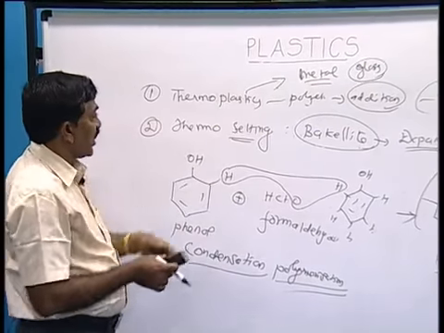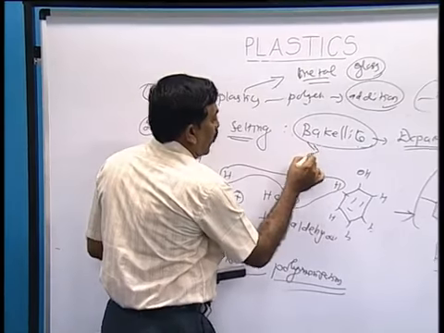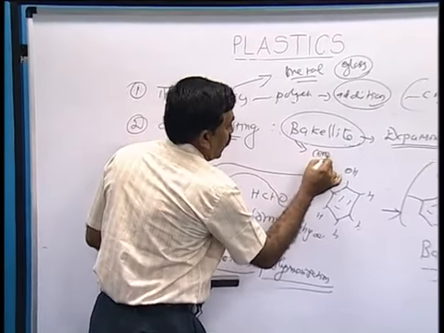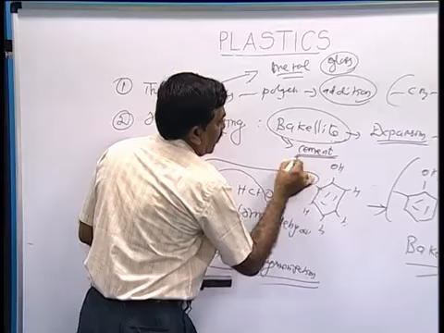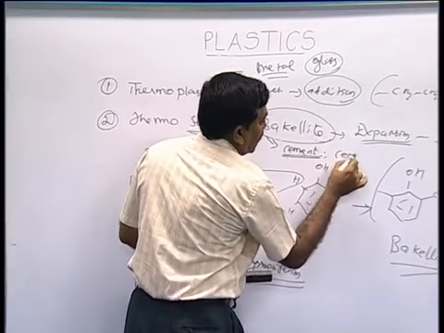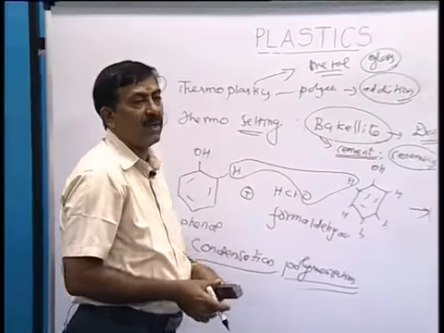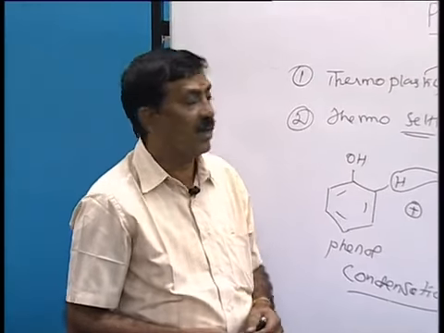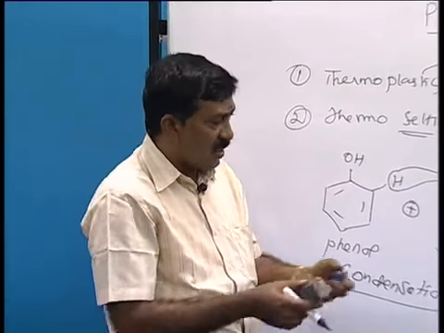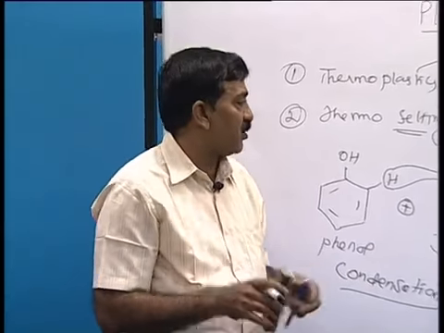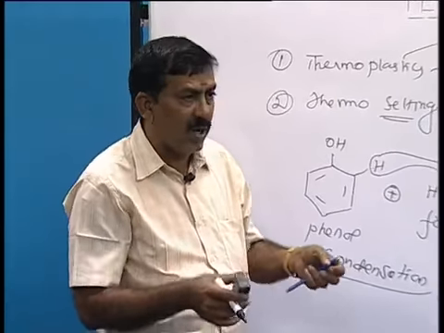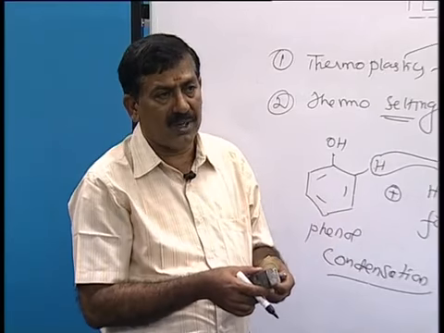In the case of thermosetting plastic, the bakelite, it is almost similar to cement and ceramics. You know the ceramics. Ceramics are the tiles that we use in our normal construction purposes in our houses. When ceramics break down, definitely you can't reuse the ceramics.